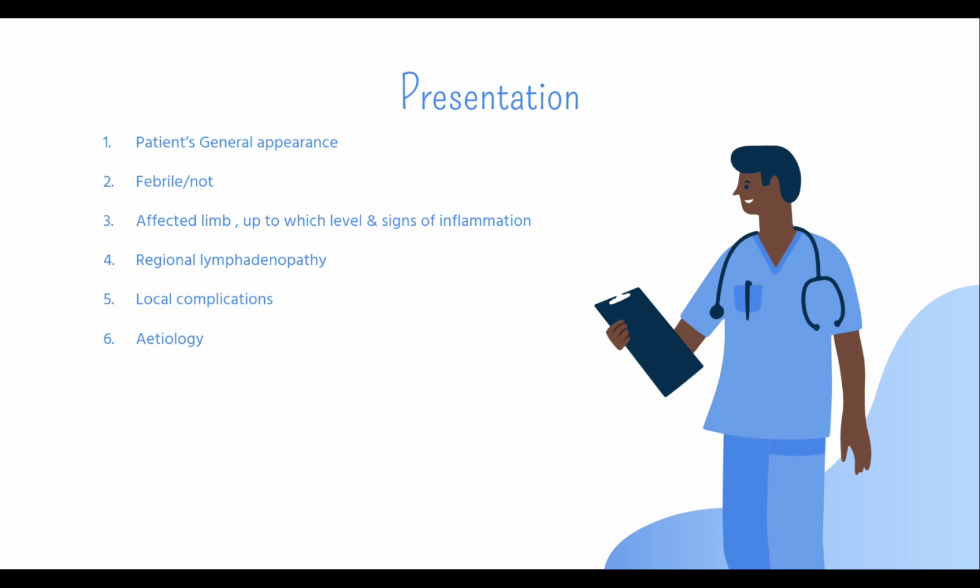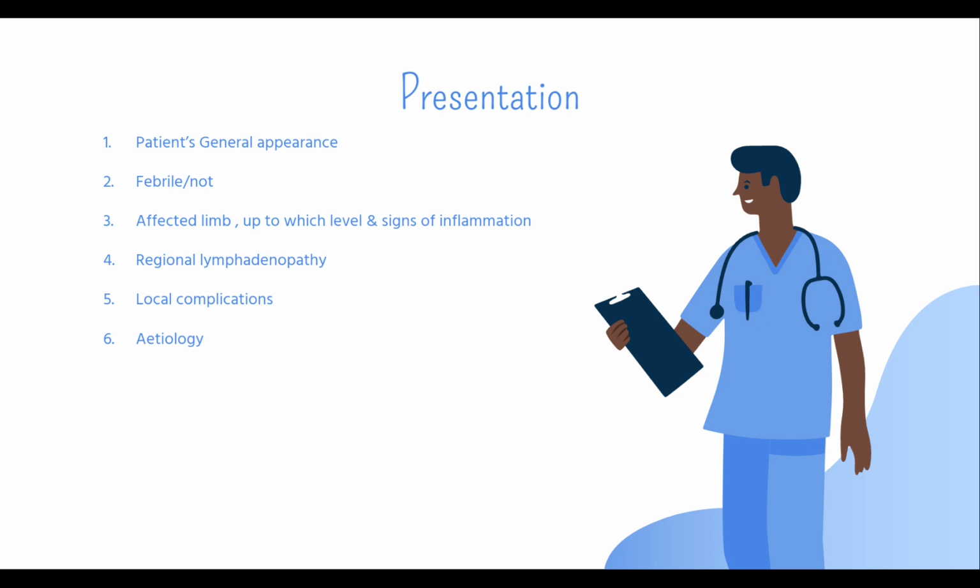For the presentation, you usually get 1 or 2 minutes to present, and you have to present all the findings. I think it's better if you start from the patient's general appearance. You can say it's a middle-aged man, he's ill-looking, and tell whether he's febrile and whether he is tachycardic.